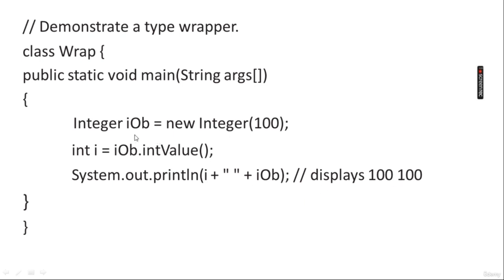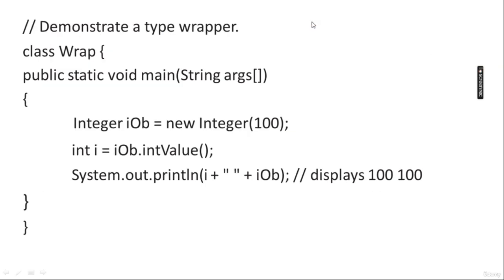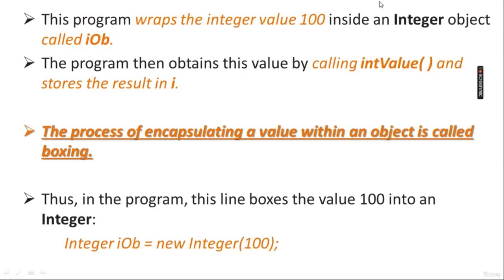So here also it will display 100, here also it will display 100. This wraps the integer value 100 inside an Integer object called iObject. The program then obtains its value by calling intValue and stores the result in i.